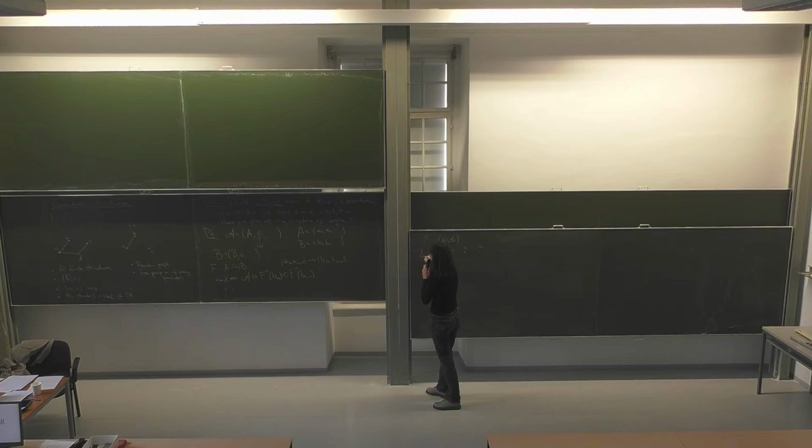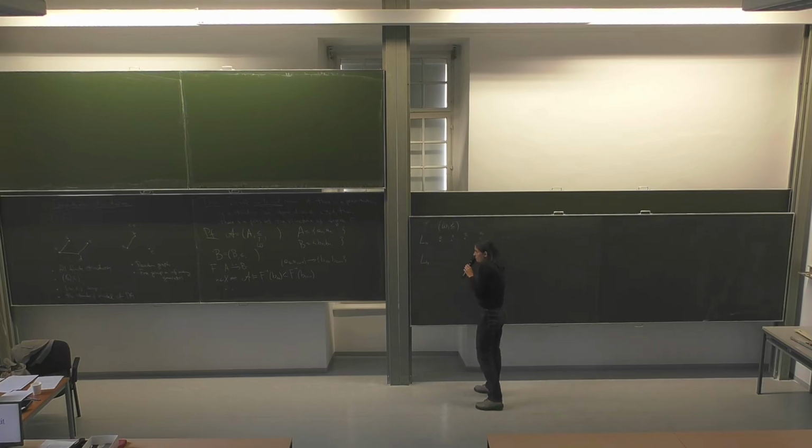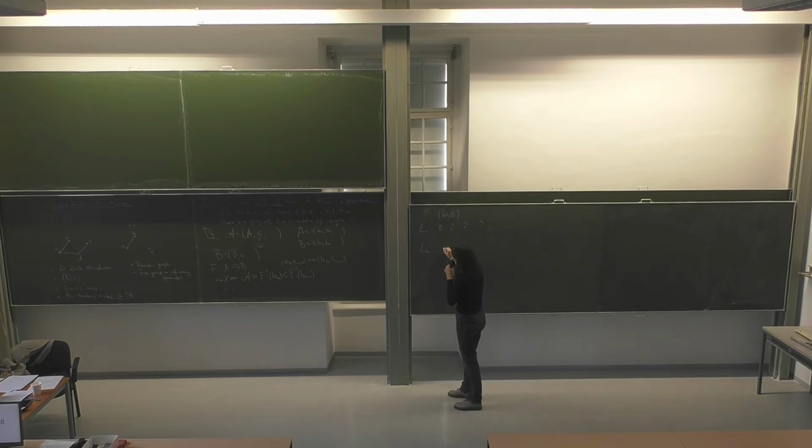Let's say L0. And now let's consider another copy. We'll take the even numbers and put them in the same order: 0, 2, 4, 6, 8, and so on.